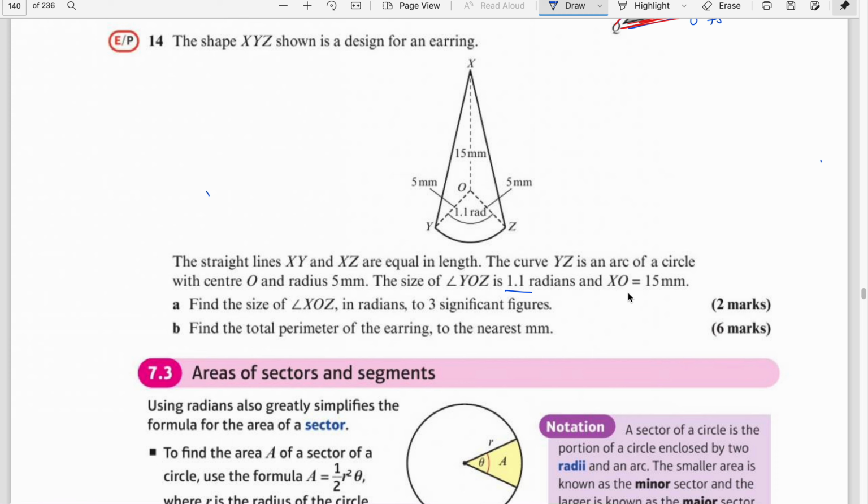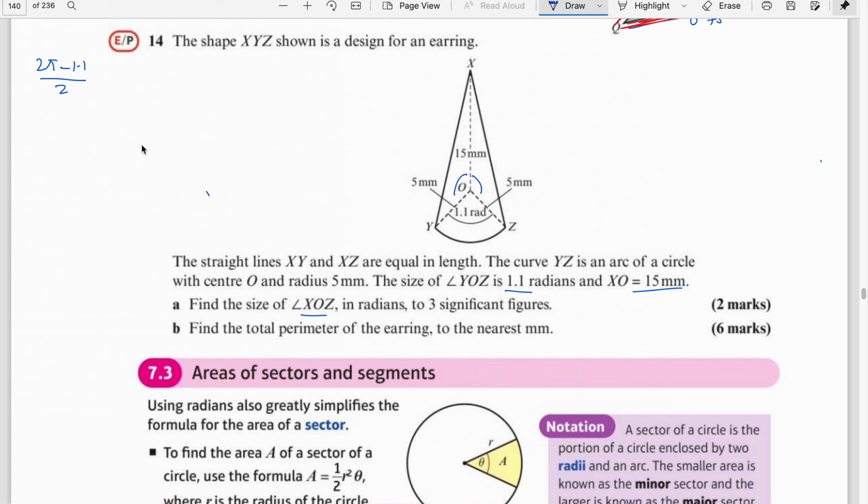XO is 15 millimeters. Find the size of XOZ. So we have to find this angle XOZ. This is basically identical on both sides. So a complete circle is 2 pi. 2 pi minus 1.1 and divided by 2, we'll get one of the angles. Let me just get my hands on a calculator.